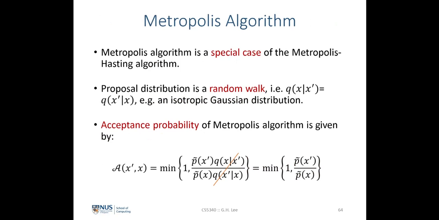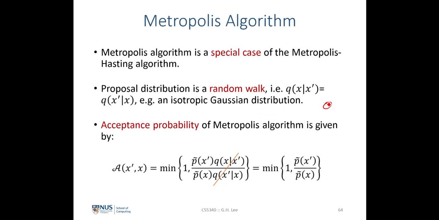There is also a special case of the Metropolis-Hastings algorithm, which we call the Metropolis algorithm. This is a special case where the proposal distribution is a random walk. This means that the proposal distribution is a symmetrical distribution. An example is an isotropic Gaussian distribution. What this means is that the covariance of this Gaussian distribution is diagonal and identical.